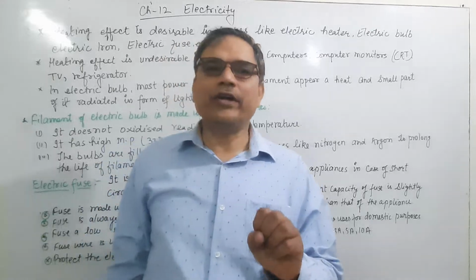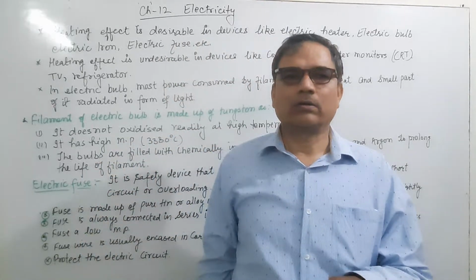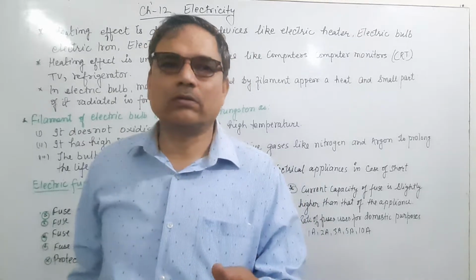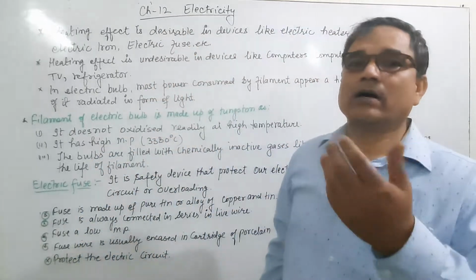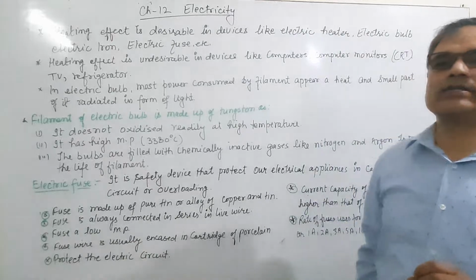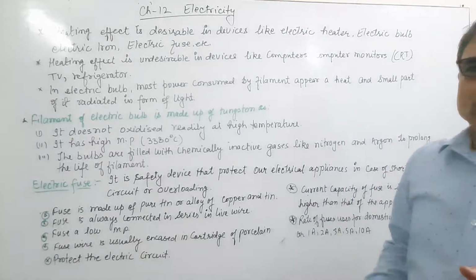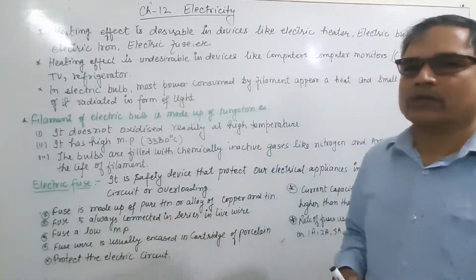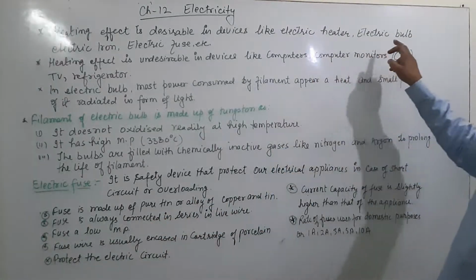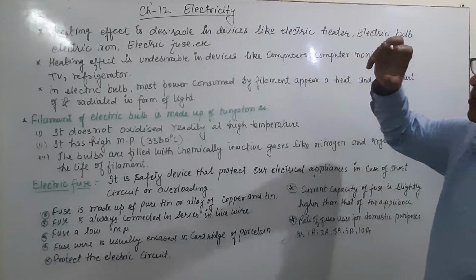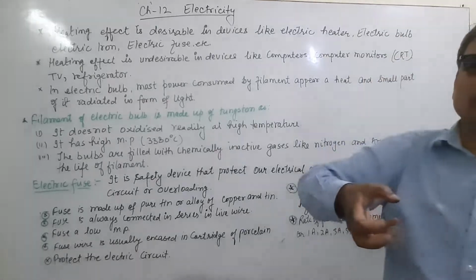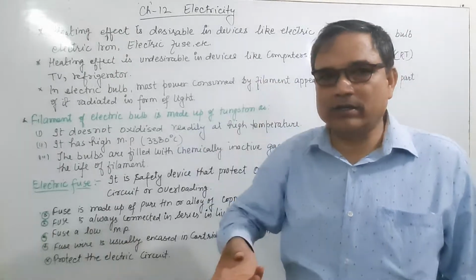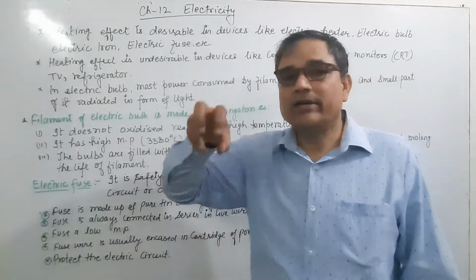A large amount of heat is produced by that element, which is less useful, and only a small amount of energy is converted into light. The electric bulb and heater both have a heating element which has more resistivity and does not oxidize easily.